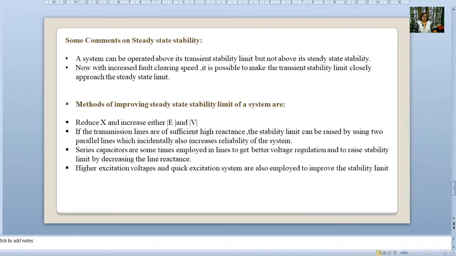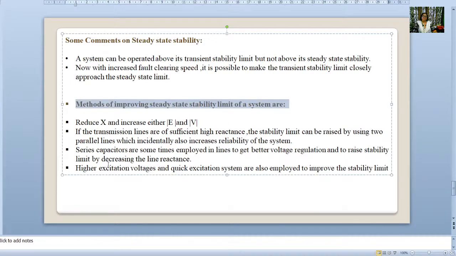Now what are the methods of improving the steady state stability limit?